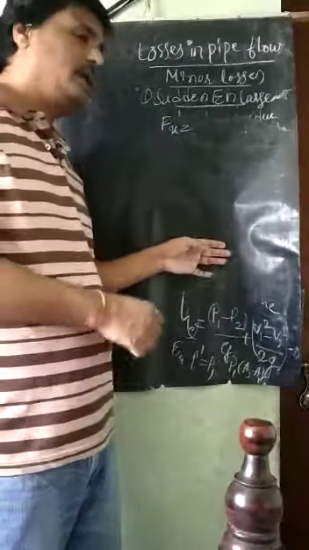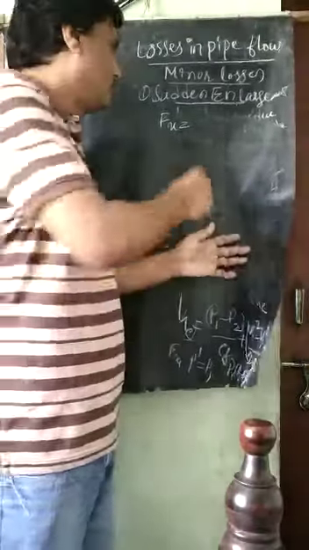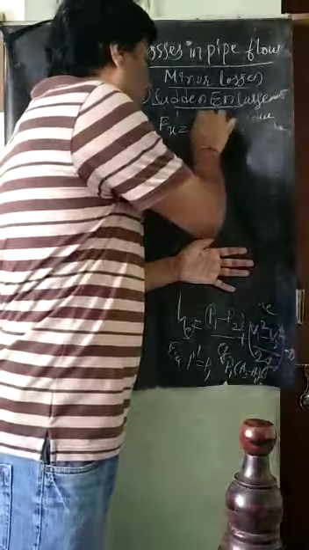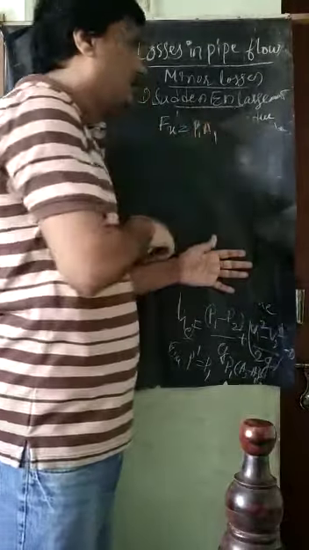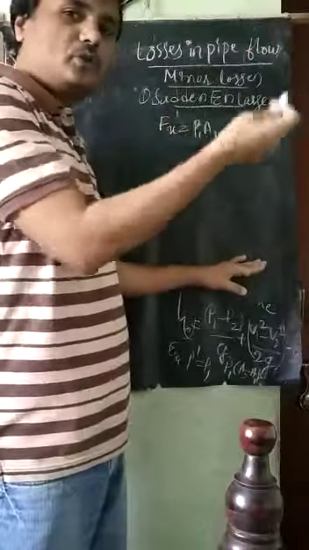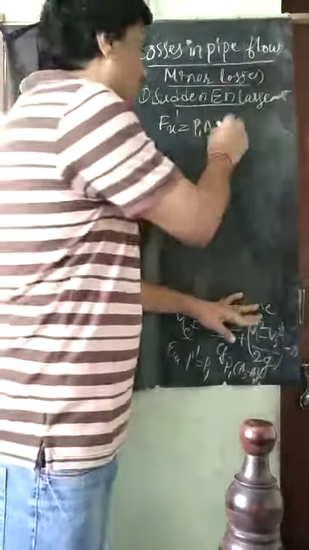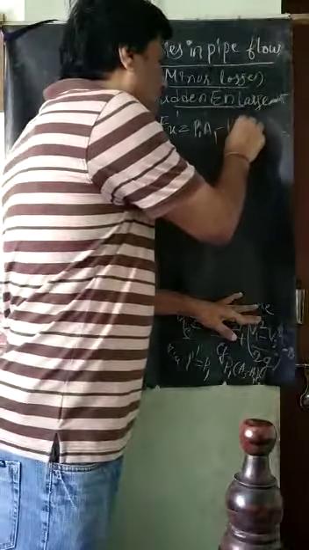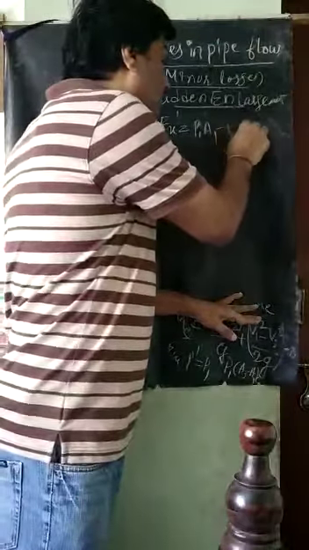Force is equal to what? At section 1 the pressure force is P1 into A1, and at section 2 it is opposite to the flow, so minus P2 into A2. And another force, as I have told, develops where the sudden area is changing, that is also in the direction of the flow.